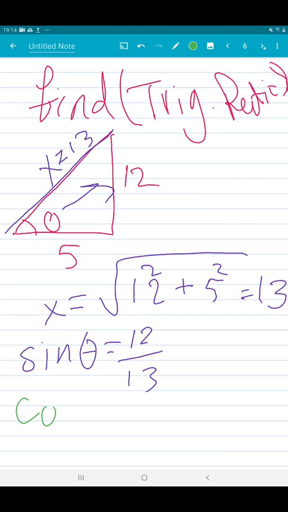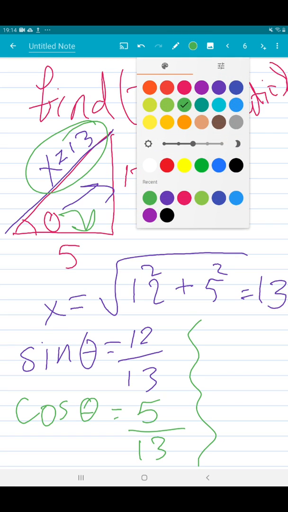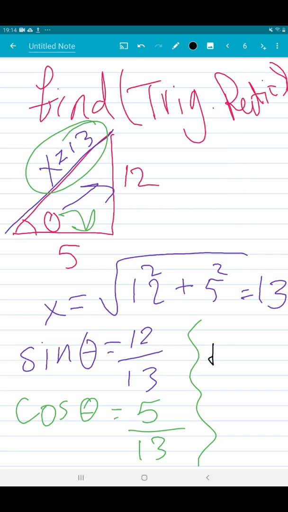Cosine theta equals the adjacent 5 over the hypo 13, and the last one, tan theta equals opposite over adjacent, which is 12 over 5.